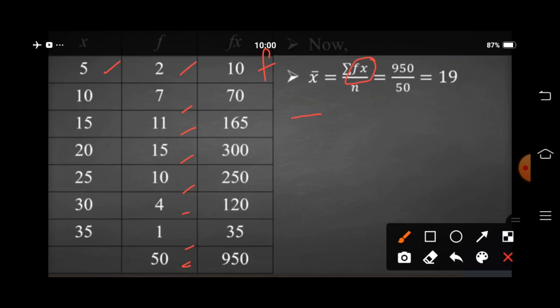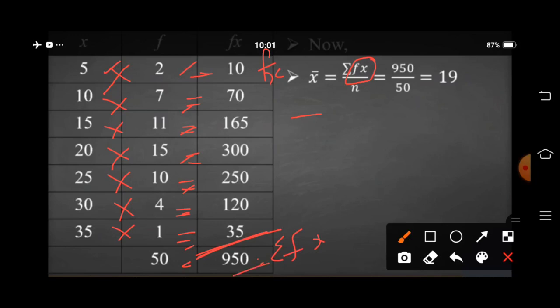For finding fx: 5 into 2 is 10, 10 into 7 is 70, 15 into 11 is 165, 20 into 15 is 300, 25 into 10 is 250, 30 into 4 is 120, 35 into 1 is 35. The total of the fx column, sigma fx, equals 950.